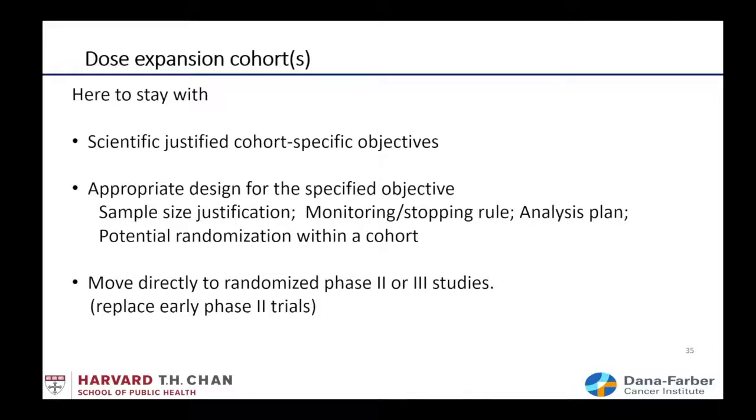Just like we always say, if it quacks like a duck or walks like a duck, it has to be a duck. The advantage is that after those expansion cohorts, we can move directly to randomized phase 2 or phase 3 designs. The idea is really to replace early phase 2 trials and put the drug into the market more quickly.